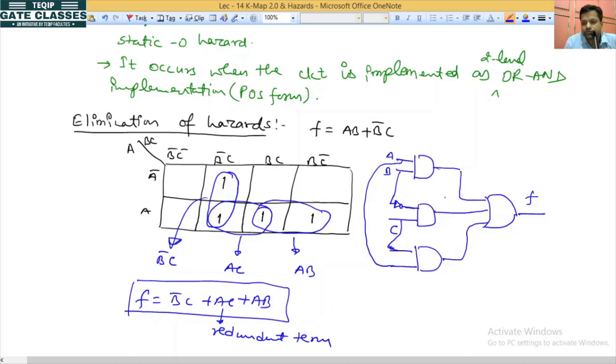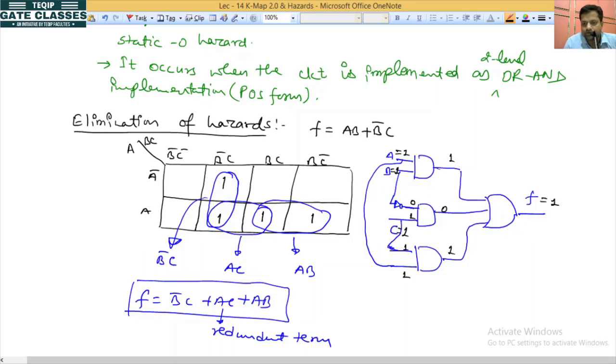For this, A is 1, B is 1, C is 1, so this is 1, this one is also 1. Initially the other term is 0. So 1 is here, 0 is here, 1 is here, so the output is 1.